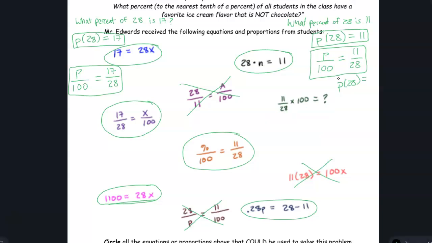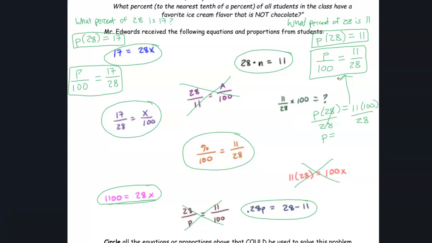So if we look at the proportion that we wrote right here, why does that work? If I were to cross multiply this, right, I would get P times 28 equals 11 times 100, right? And then I would divide both sides by 28, right? Usually I would multiply 11 times 100 and get 1100, and then divide by 28 to get the answer here.